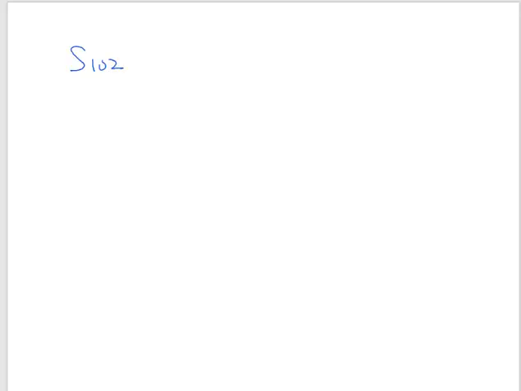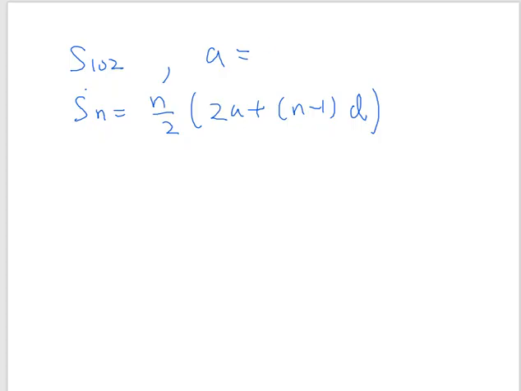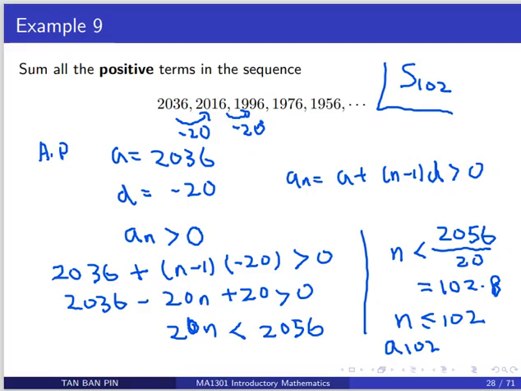The formula for S_n is n over 2 times (2a + (n - 1)d). a is 2036, d is minus 20.